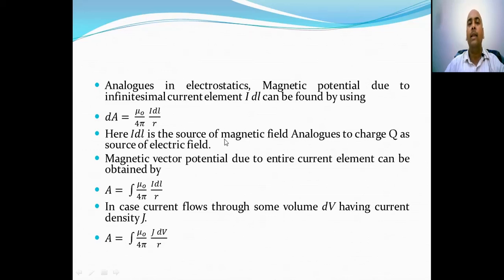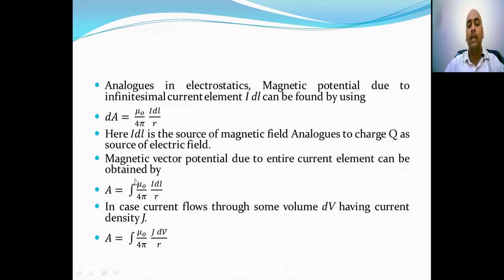Here I dl is the source of the magnetic field, which is analogous to charge Q in the electric field. So magnetic vector potential due to the entire current element can be obtained by integrating over the small current elements.